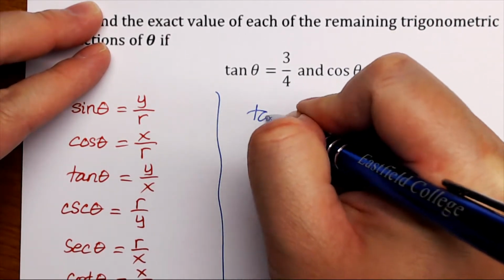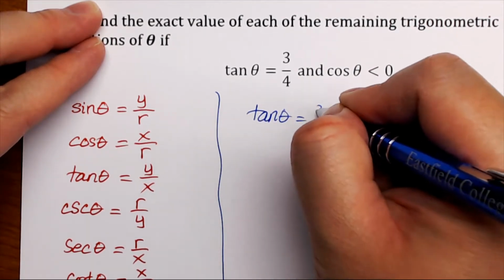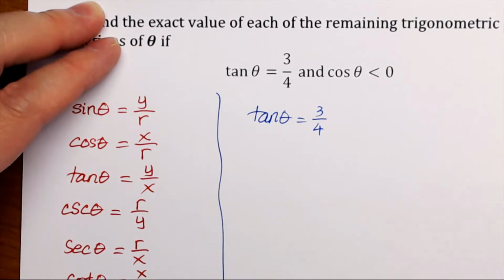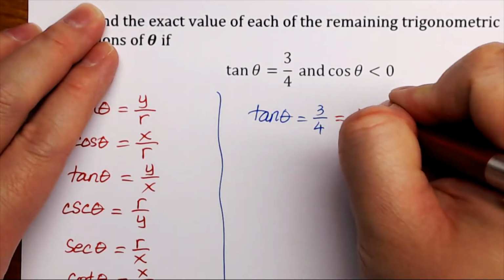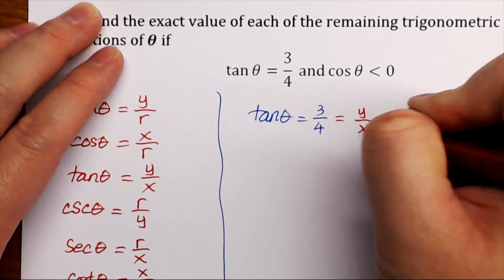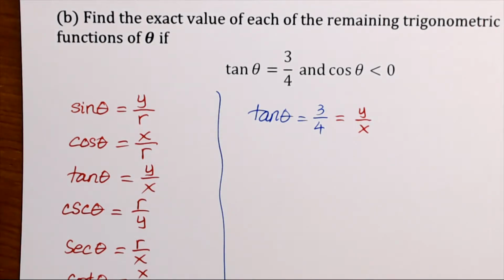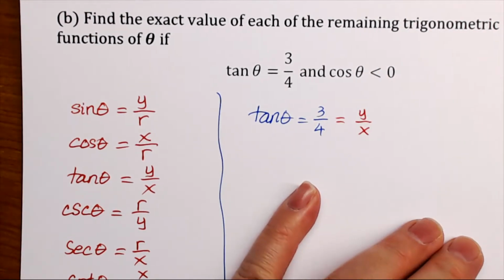We are given that tangent is equal to 3 over 4. And tangent is y over x. Right. It's very tempting to say that y is 3 and x is 4 and we're done with that. But notice that we have this condition as well.